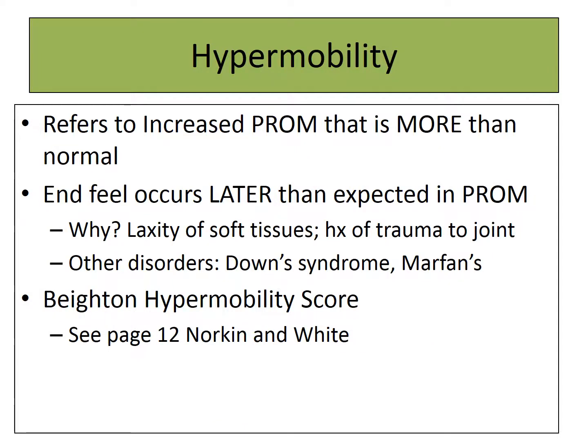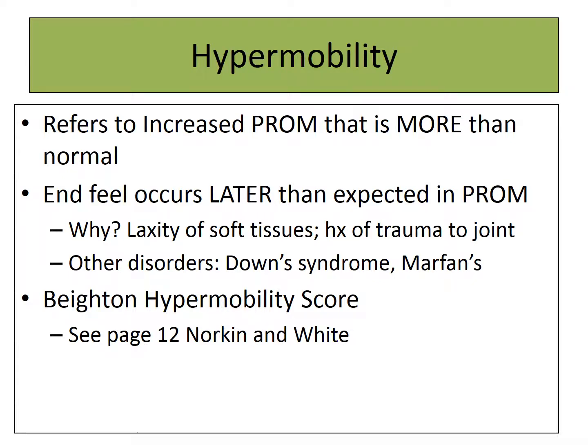Also, if you're measuring range of motion and you have an increased amount of passive range of motion, meaning that there is more motion than what is considered the normal value, then that patient would have a hypermobile joint. Or if it occurs through several joints, you might say that that patient has hypermobility.